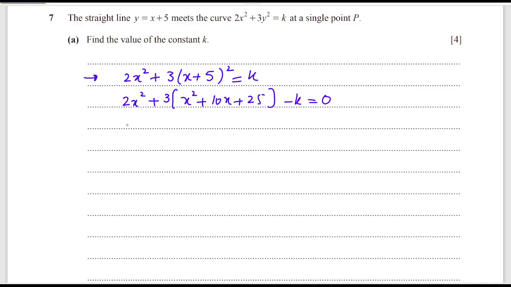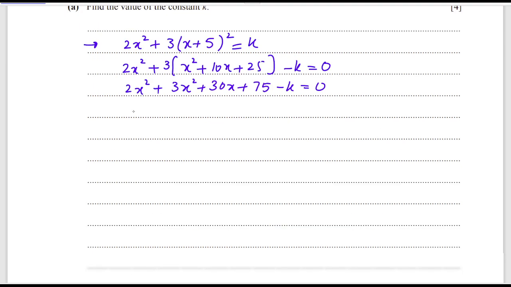Make a standard quadratic, it's 2x square plus 3x square plus 30x plus 75 minus k is equal to 0. Combine like terms, it's 5x square plus 30x plus 75 minus k is equal to 0.